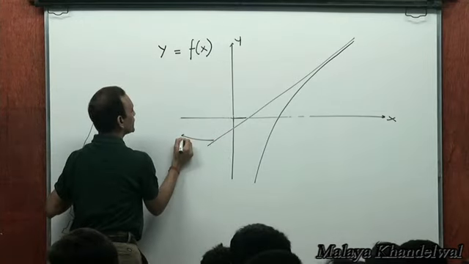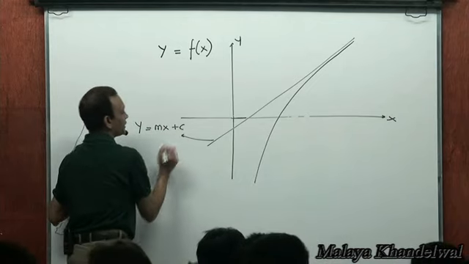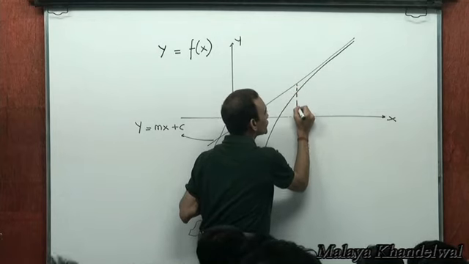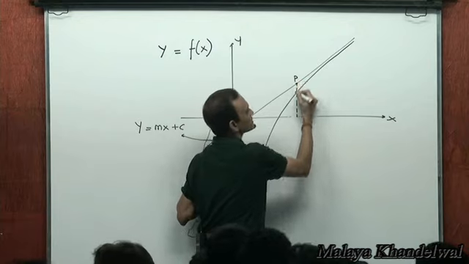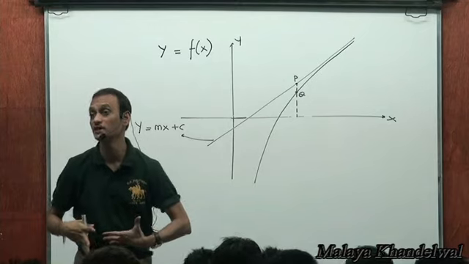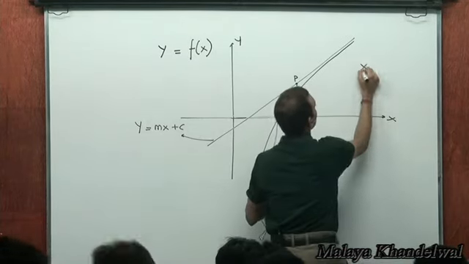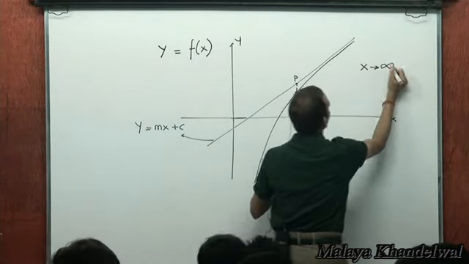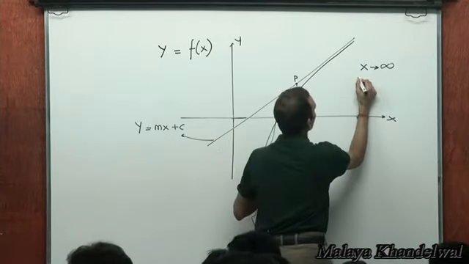Say this line is referred to as y equal to mx plus c, and what it really means is that this P and this Q, PQ is the separation between the curve and the asymptote, and as x tends to plus or minus infinity, let's say very far away from the origin, PQ must tend to 0.